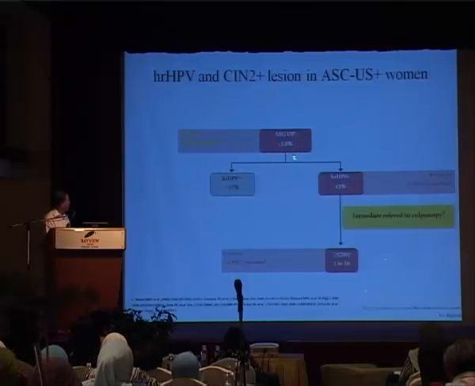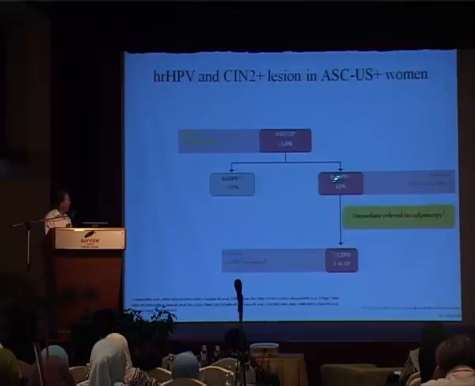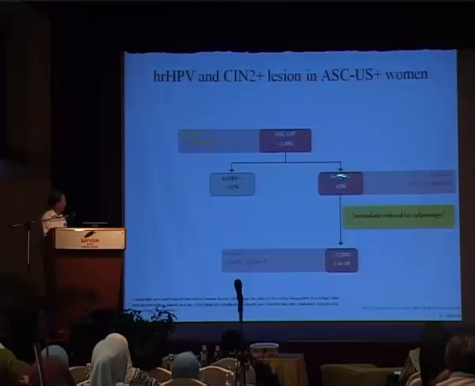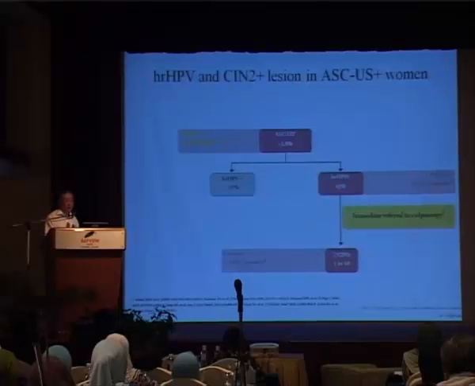So this group of women will be tested for the presence of high-risk HPV DNA. And approximately within this series, 43% of these ASCAs will be positive for high-risk HPV, and the other 57% will test negative.